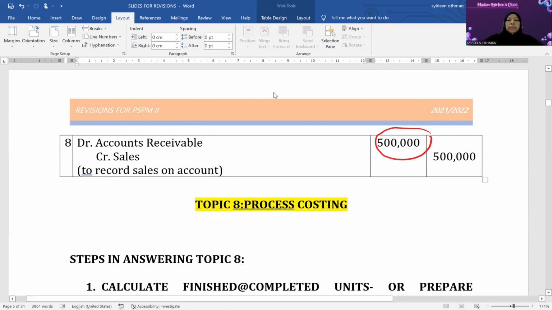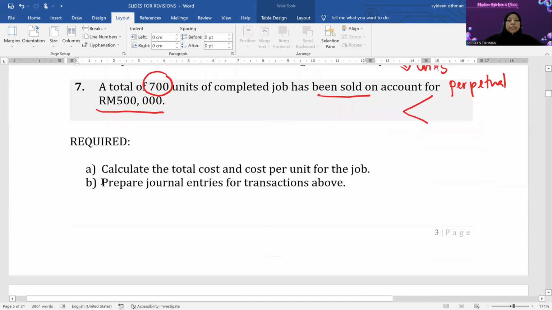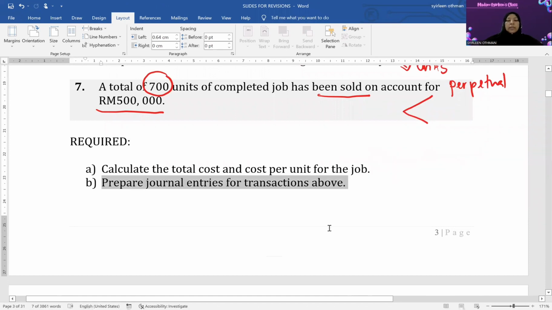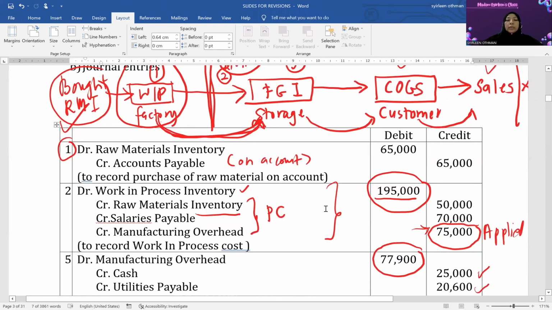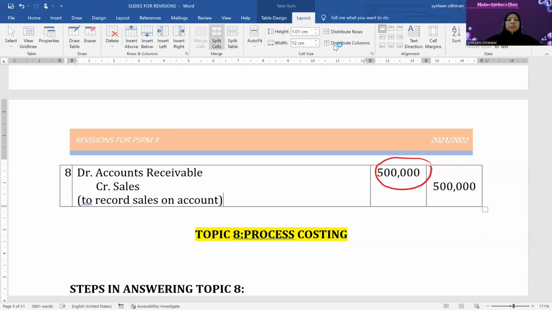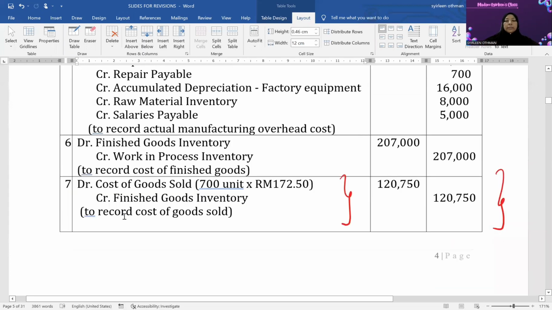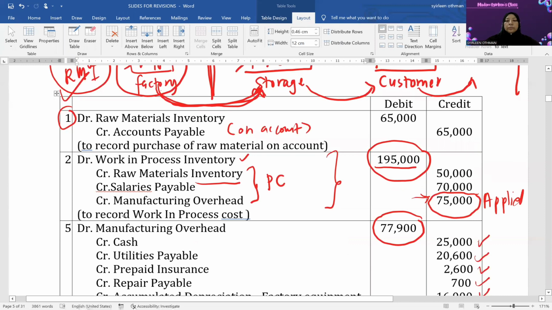So if you look at the question carefully, it only says prepare journal entries for the transactions above. It's very general, right? But we understand we are actually doing topic 7. What is topic 7 actually? Topic 7 is to adjust your over applied or under applied overhead. So your actual just now was 77,900 and your applied is 75,000.